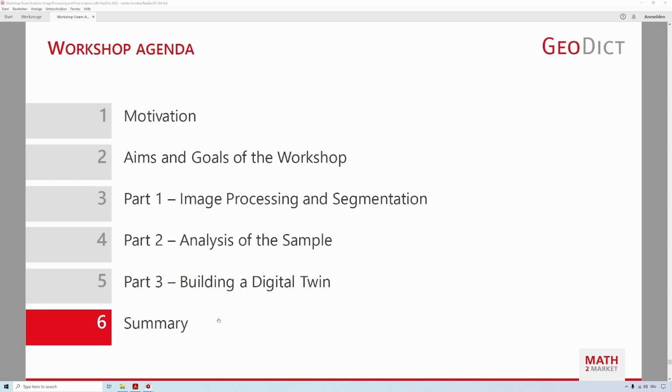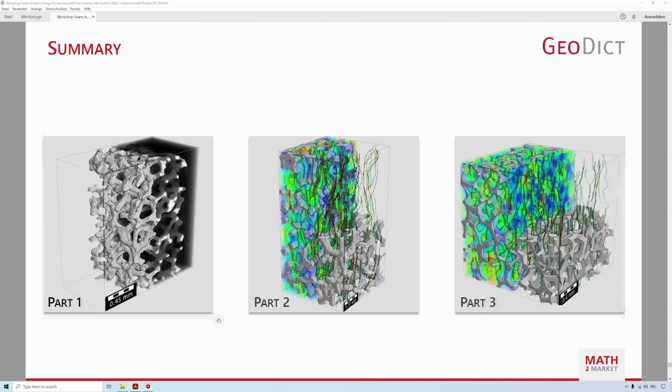As a summary, in part 1, you learned how to import your CT scan or your image data into Geodict and apply basic image processing like cropping or a sharpen filter, and then segment your structure to turn the gray value images into binarized information of your structure.